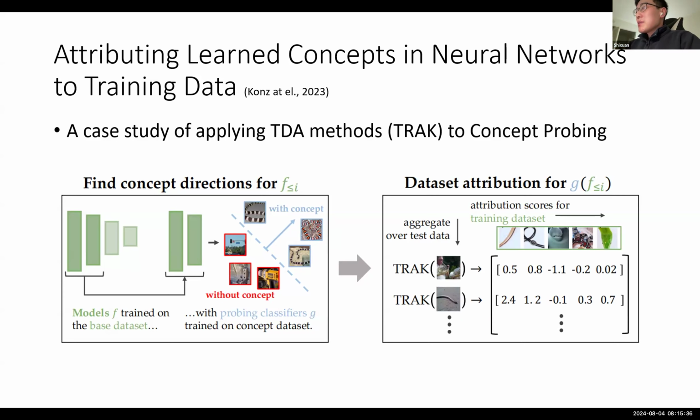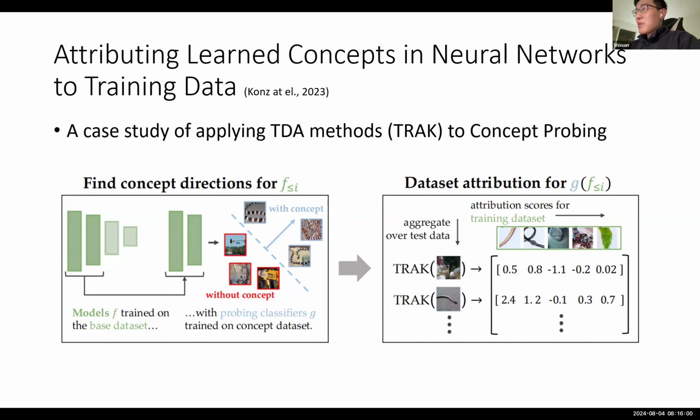Yeah. So this paper is called Attributing Learned Concepts in Neural Network to Training Data. It is doing one thing. It is applying a TDA method, TRAK, to a special case, concept probing. So it is not applying to the model, but to the probe.